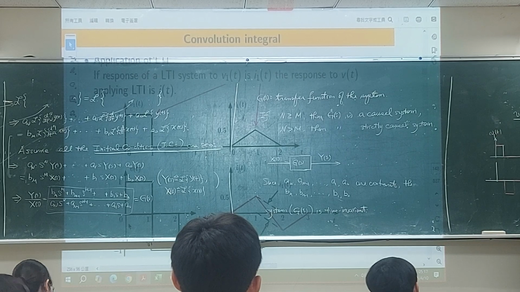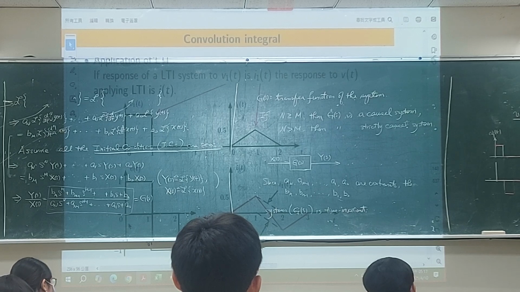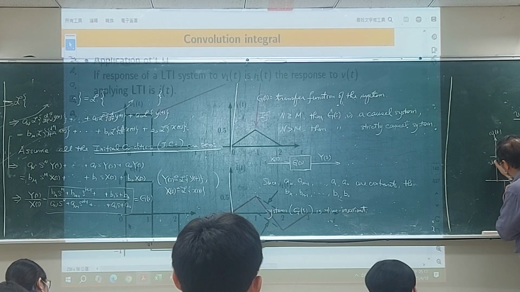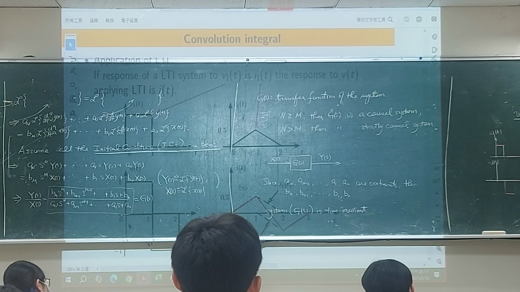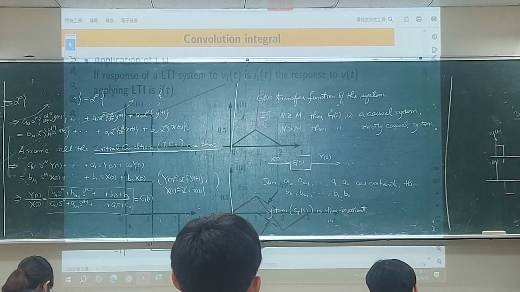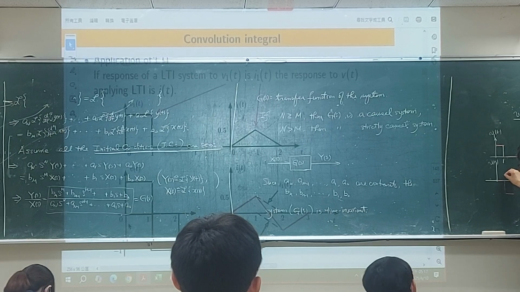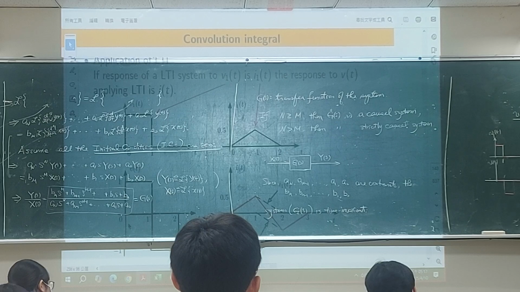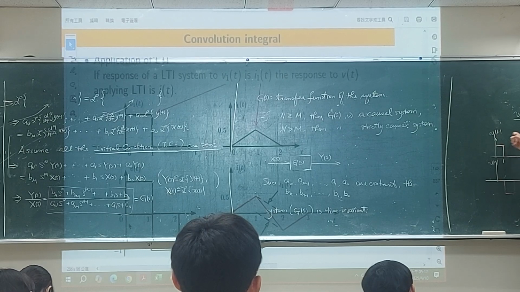V1. And this is output Y1. Okay? And then we call this V2. Suppose this is 1 second, just for example. This is 1 second. Now, if I input V1 to the system, then I have the I1 come out from the system.